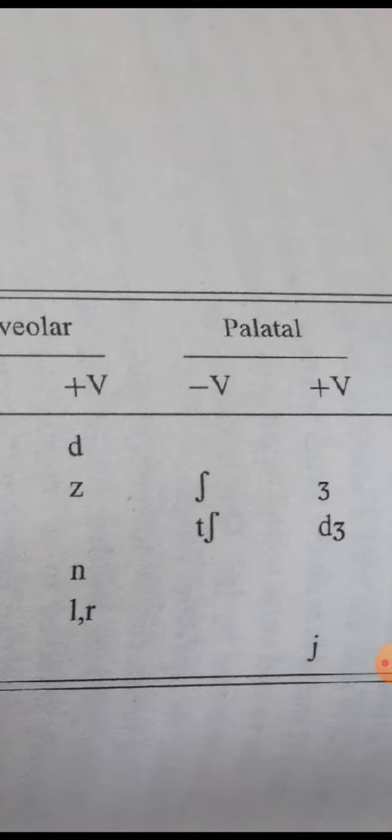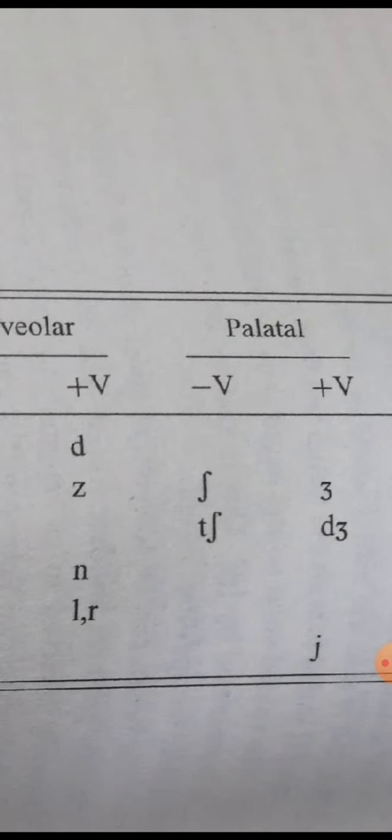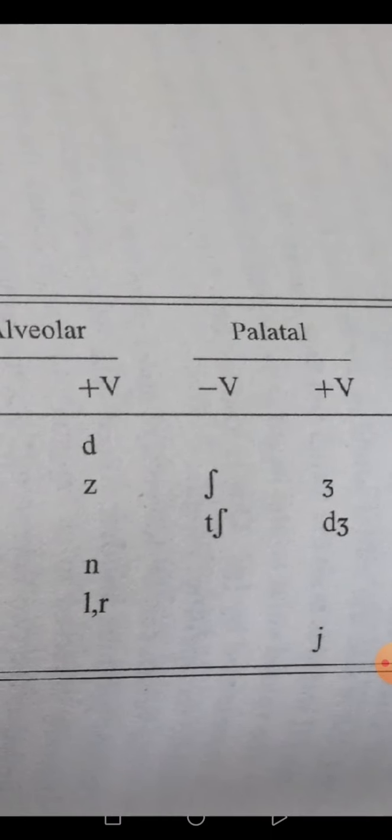But when you say s, the air goes in a straight line. Se, ze, she, fe. It goes in a straight line in the middle of the mouth. But with le and re, no, the air goes through the side. We produce them on the side of the mouth, not in the center of the mouth.